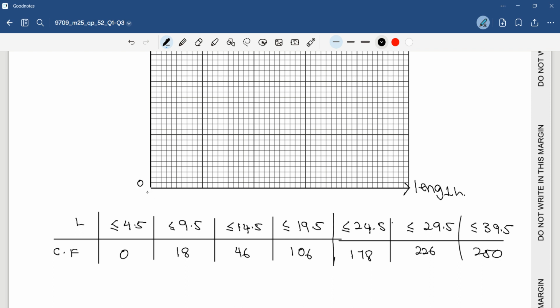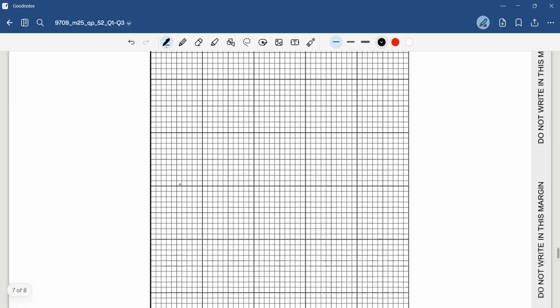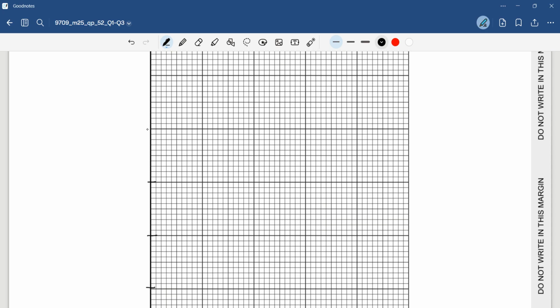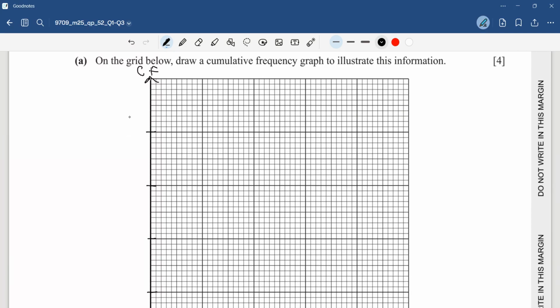So 0, and here I begin with 4.5, maybe a plus 10, so 14.5, 24.5, 34.5, and 44.5. And for this I got 1, 2, 3, 4, 5, 6. If I want I can make it here some more. One more thing.